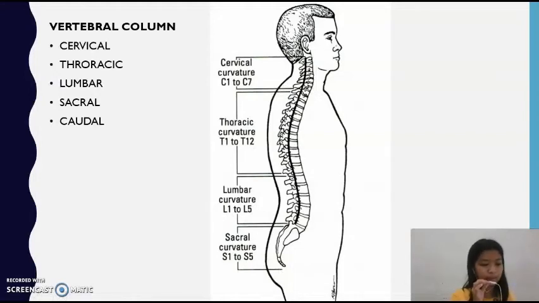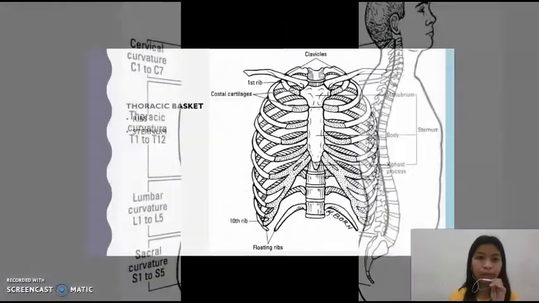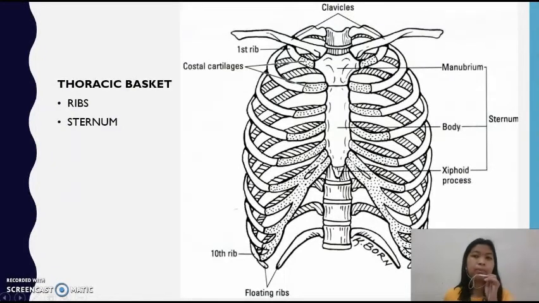Next is, we have here the thoracic basket. So, for the thoracic basket, it is composed of the ribs and, of course, the sternum. Okay? So, sternum is at the center.